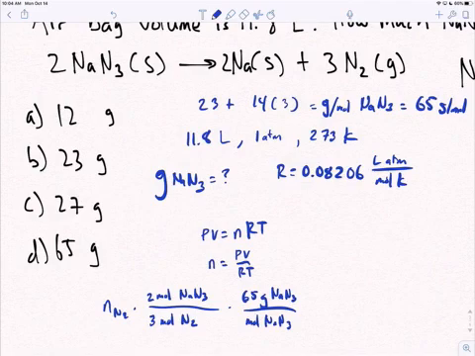I'm labeling the answers: A is 12 grams, B is 23 grams, C is 27, D is 65. Okay, who's stuck? Go ahead and start talking.